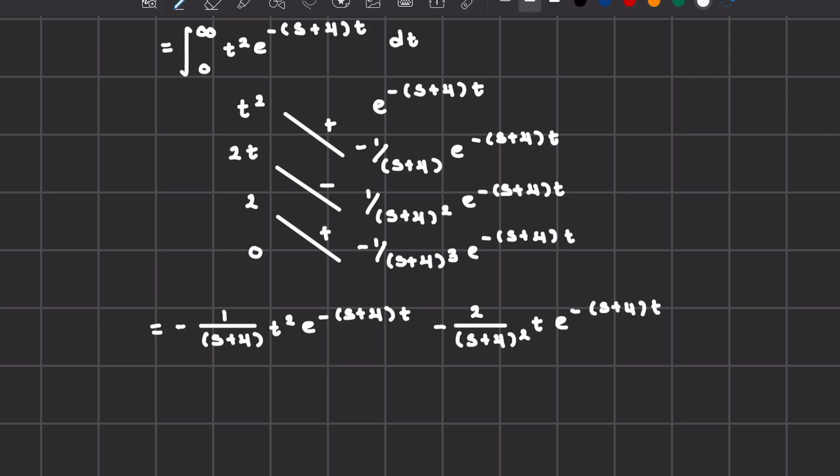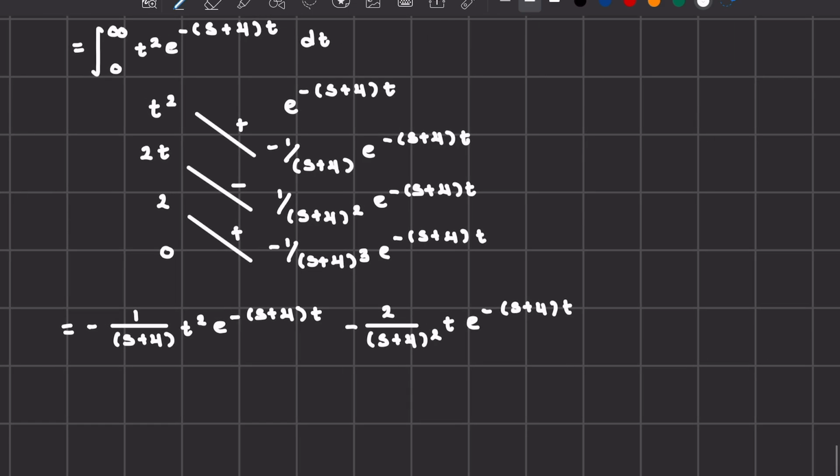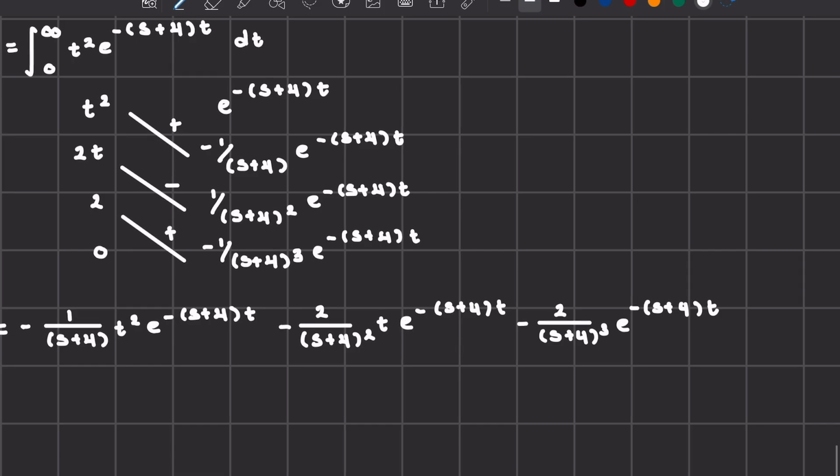And then our third and last component will just be negative 2 over s plus 4 cubed times e to the negative s plus 4 t. And don't forget, this goes from 0 to infinity.